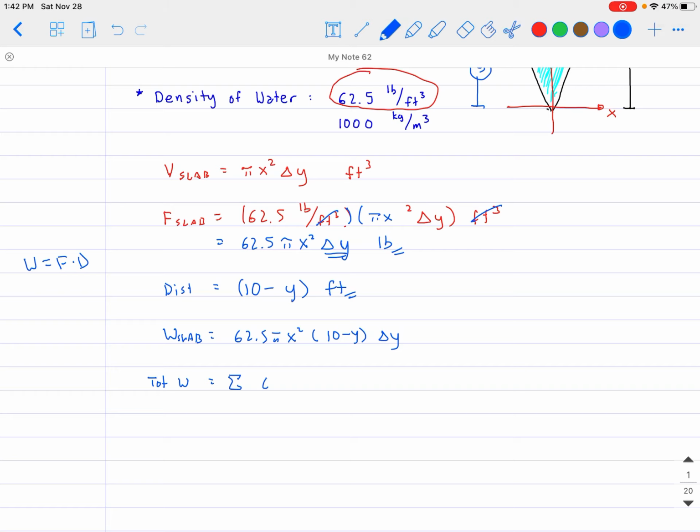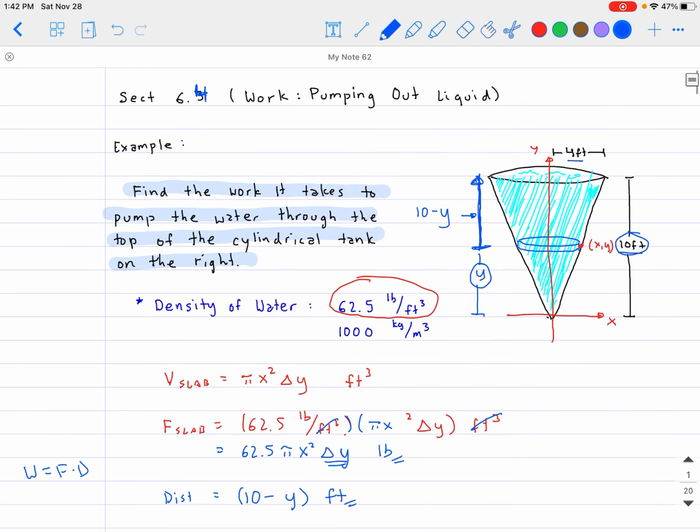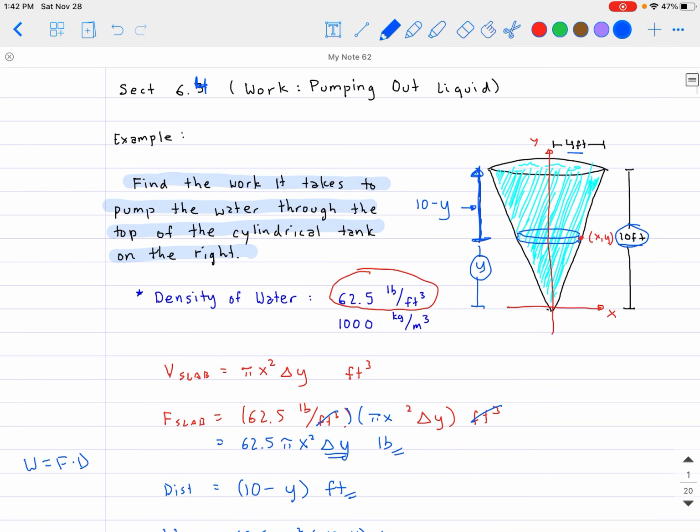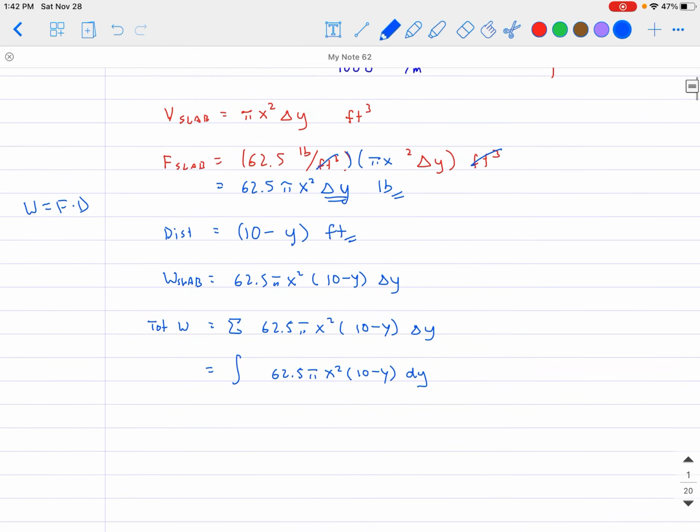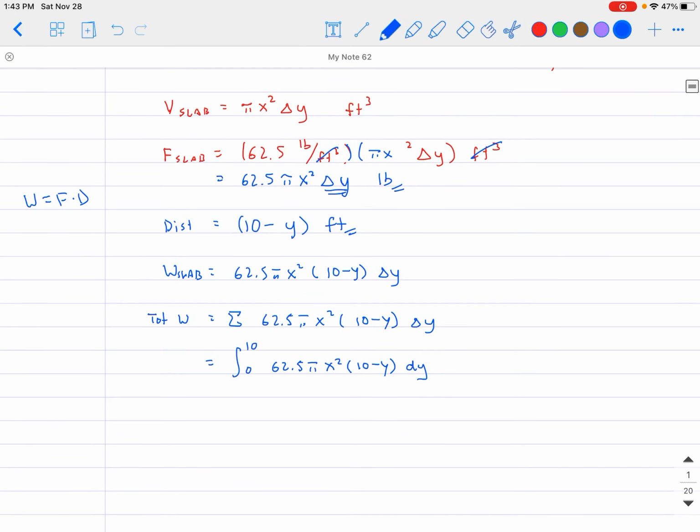So the summation of 62.5 pi x squared multiplied by 10 minus y, delta y, and that's where our integral is going to come from. The integral of 62.5 pi, once again x squared, and then 10 minus y, and then dy. My boundary, vertically, all my slabs are going to go from the very bottom all the way to the very top. So that means it's going to be from 0 to 10.